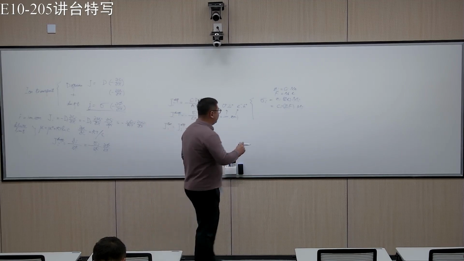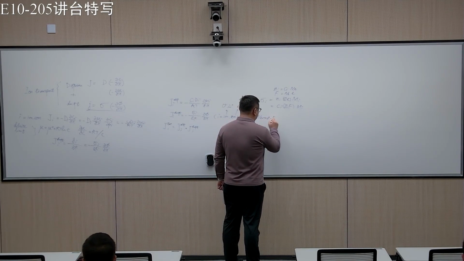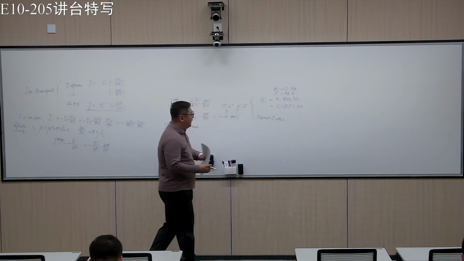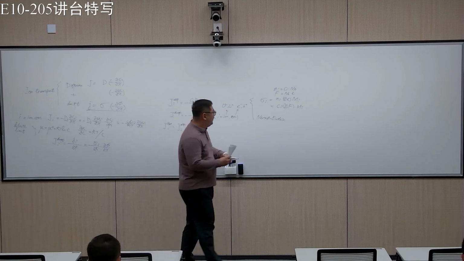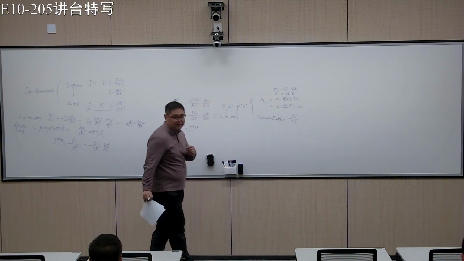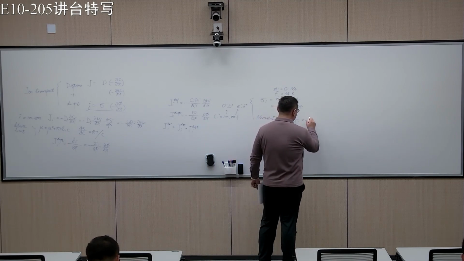The second one is basically the Nernst-Einstein equation. So the Nernst-Einstein equation basically tells you that the diffusivity and mobility are essentially the same thing. They differ by only a constant.